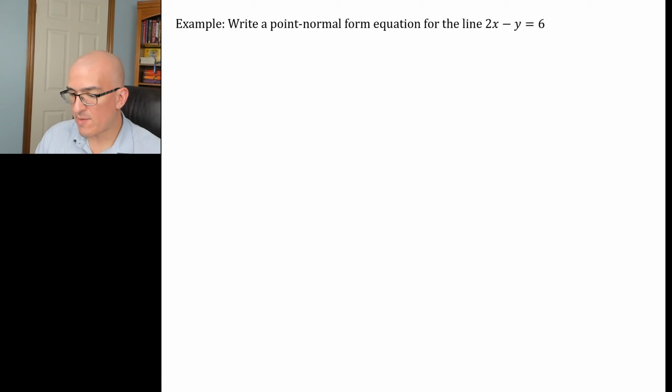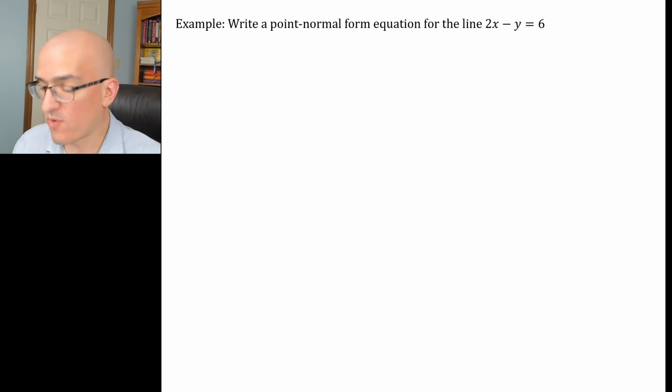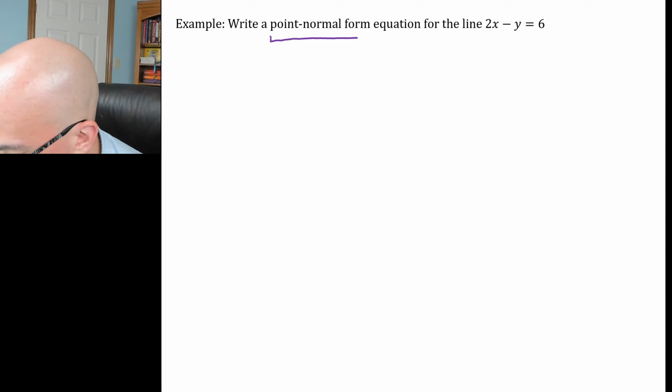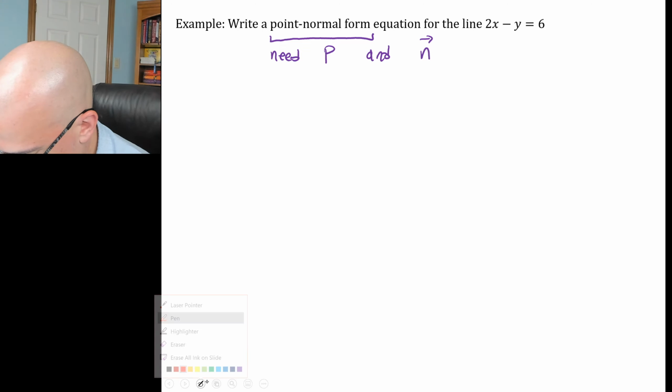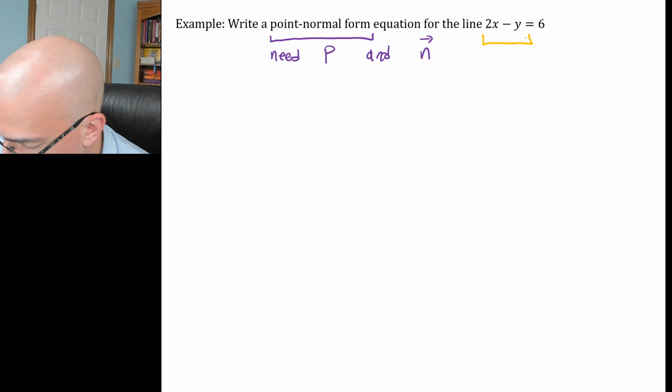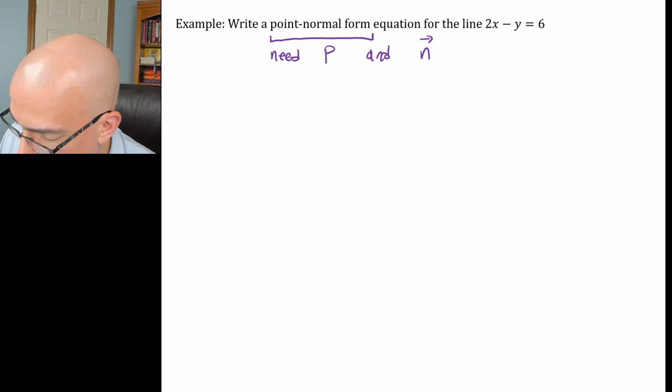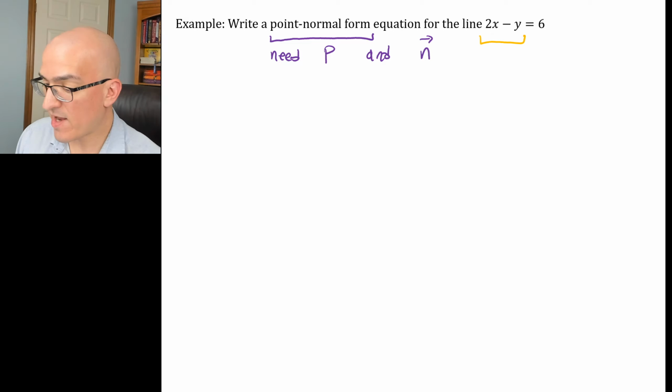Okay, next one: write a point normal form equation for the line given in standard form. Point normal form, what do we need? We need a point, we need p and n. From the standard form, we can directly tell what n is.